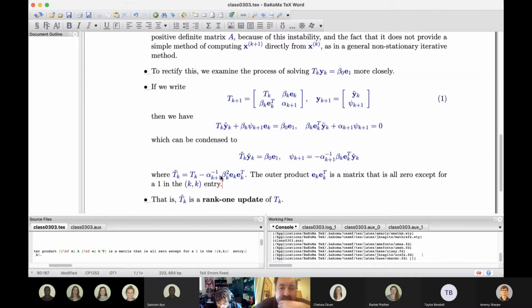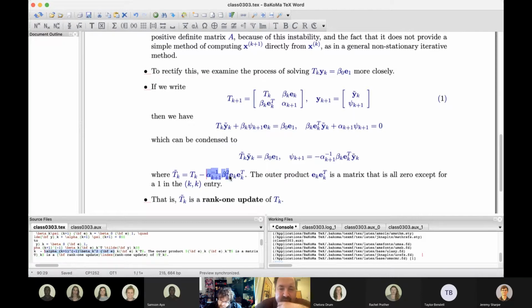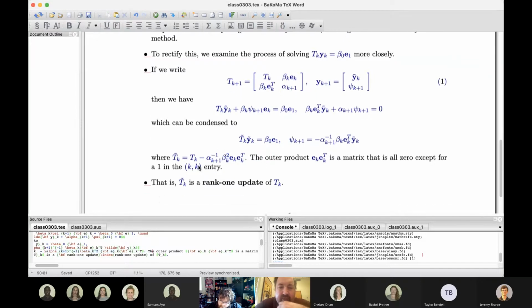So what does that mean? That means that these two matrices are equal except in that lower right corner, that kk entry, where this part, alpha k plus 1 inverse beta k squared, is being subtracted from that kk entry of tk. Now, when you take a matrix and you add an outer product of vectors like this, that's called a rank 1 update.